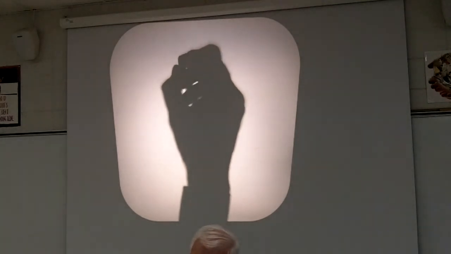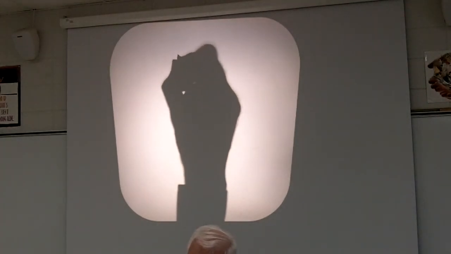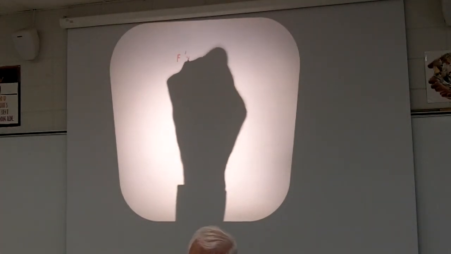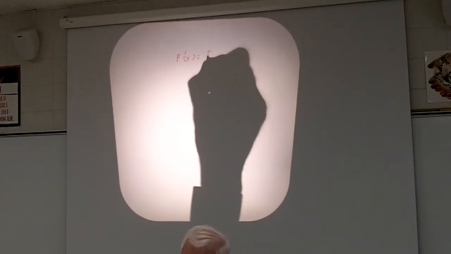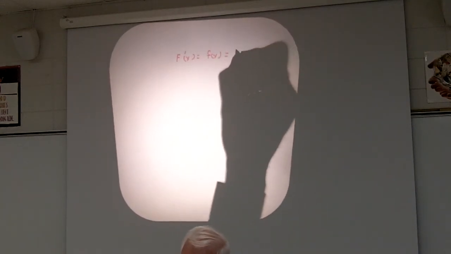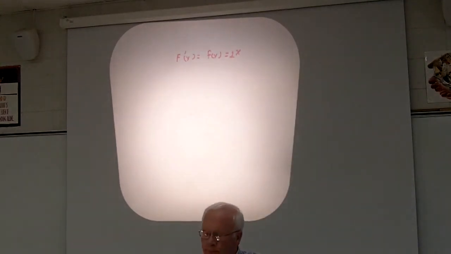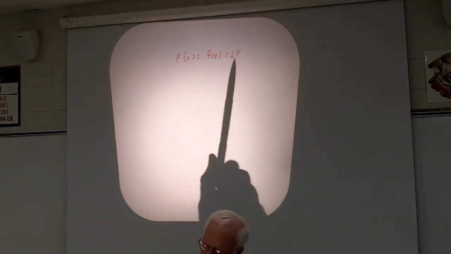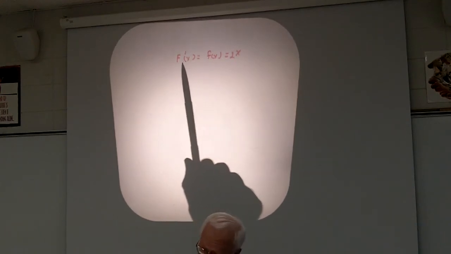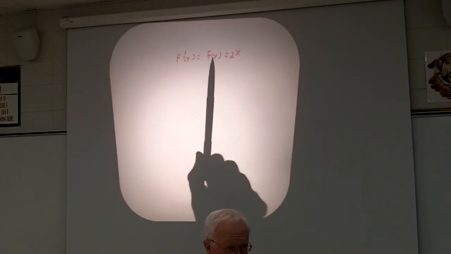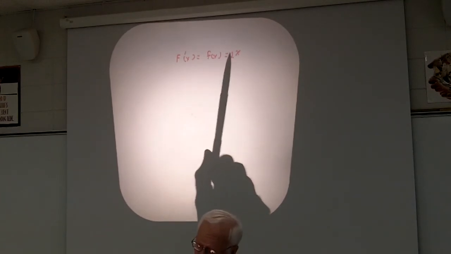I have a function f of x equals x or 2x, like this. Now, this is what this is saying. I have a function here, capital F, whose derivative is this.